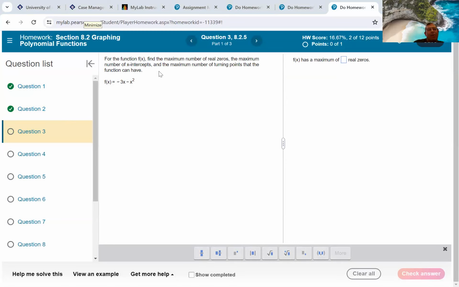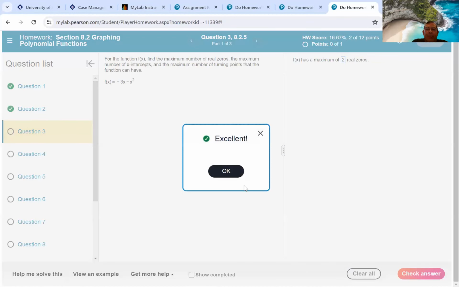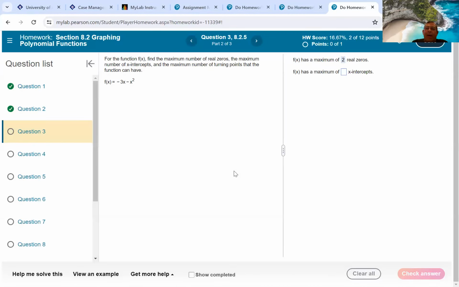This one's out of order. What's our degree on this one? 2. There you go. So you put a 2 in there. So watch them spin into order on y'all. They like to mess with y'all on at least 1 or 2 where they put them out of order. All right, what's your maximum number of x-intercepts?